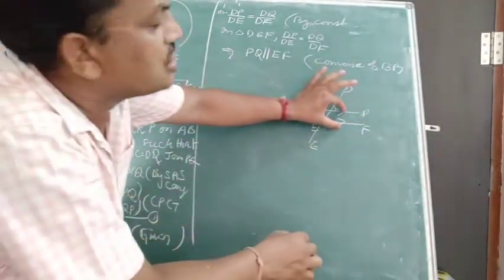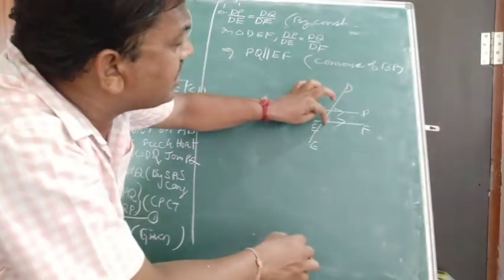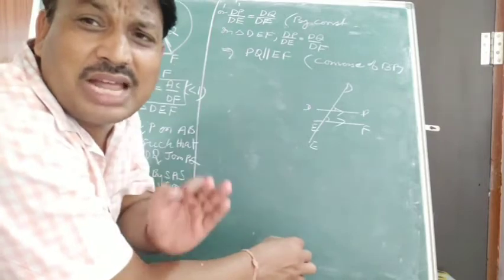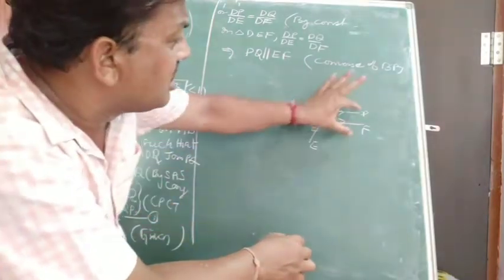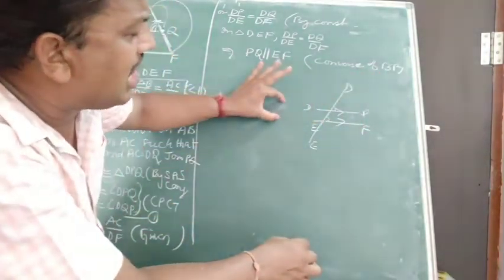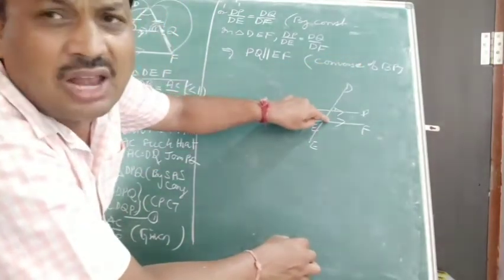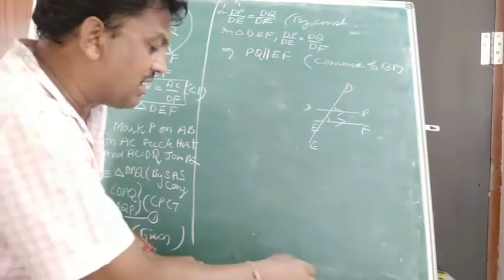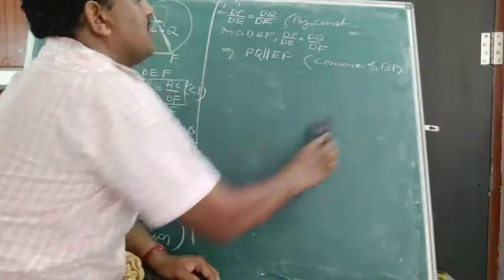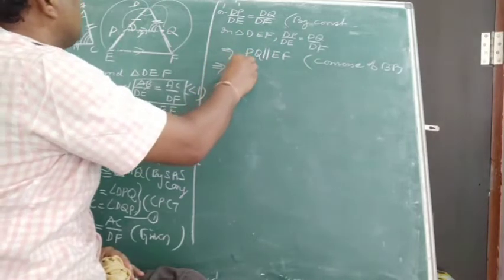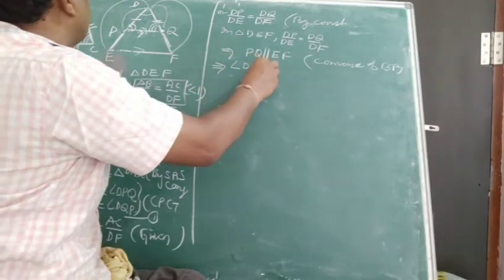Why? Because these two lines are parallel, so these two angles will automatically be equal. How can you say? By the theorem of parallel lines: if this is a set of parallel lines and this is a transversal, then these two angles will be equal, called corresponding angles.